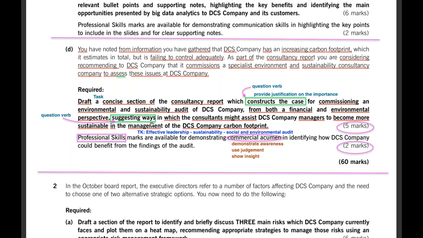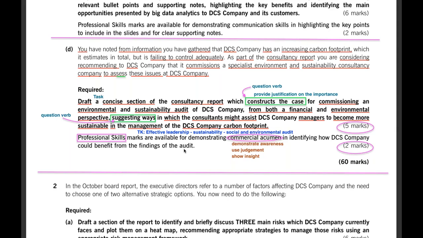That means how these consultants can help the managers to continuously manage their carbon footprint, making sure it no longer increases and is able to be controlled by DCS. So you come up with the ways.